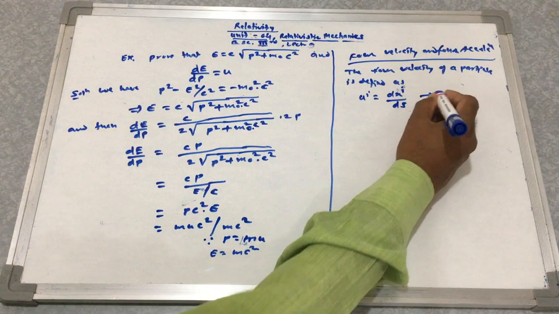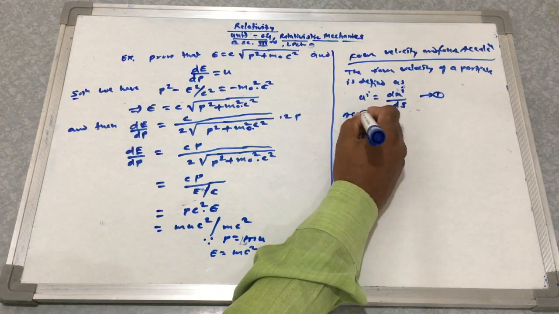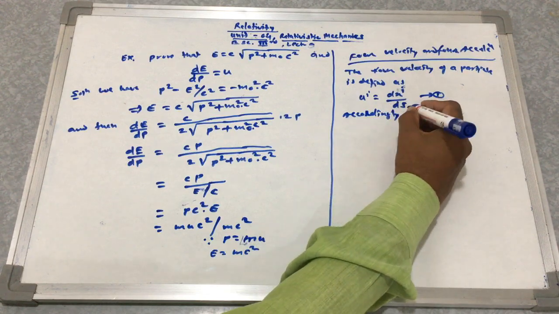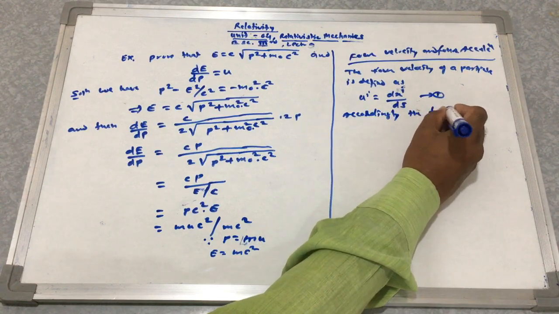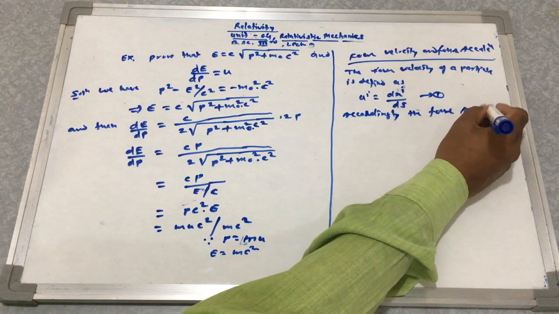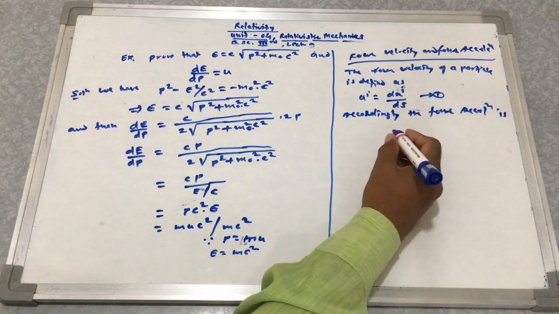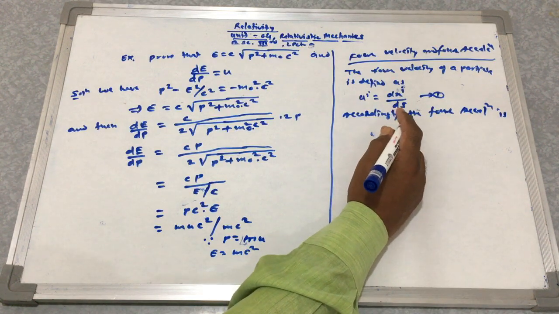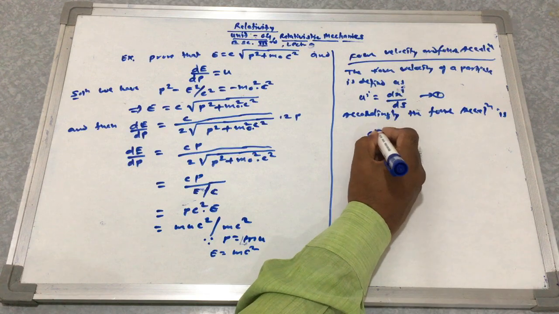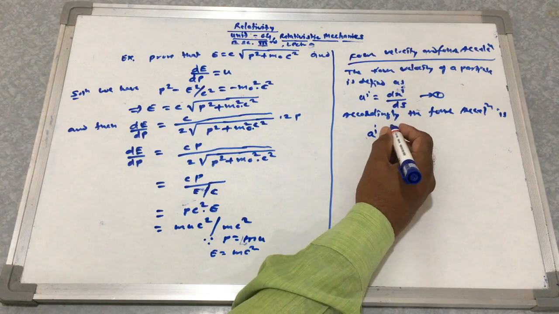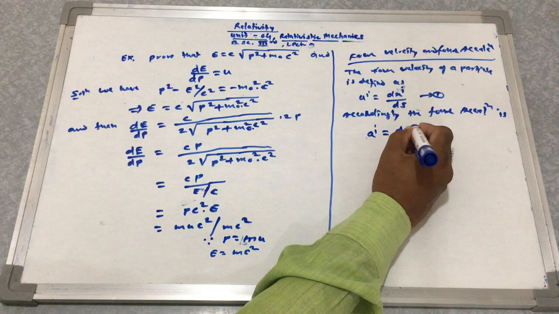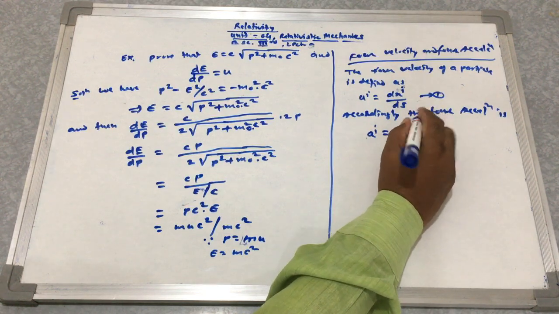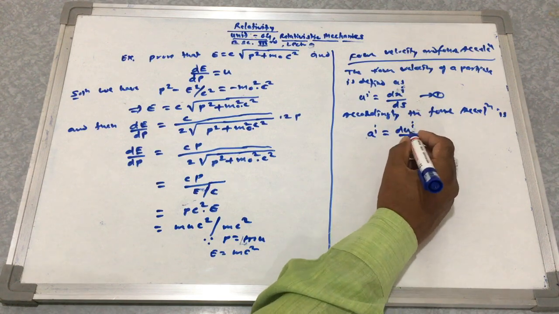And accordingly, the four acceleration is a^i is equal to du^i upon ds.